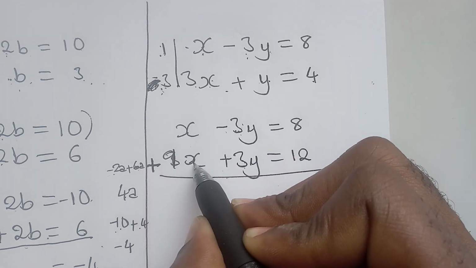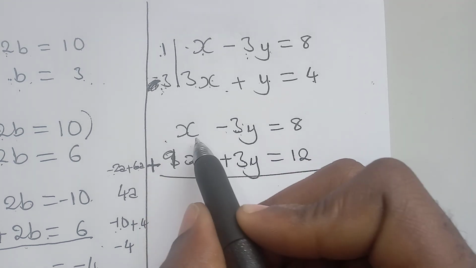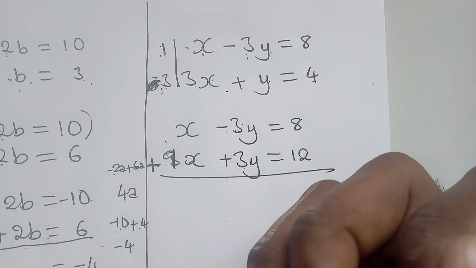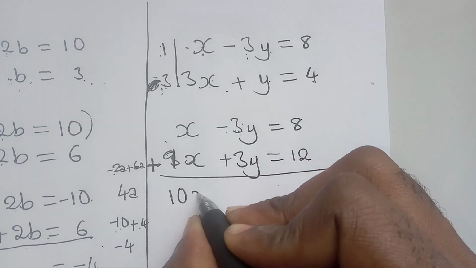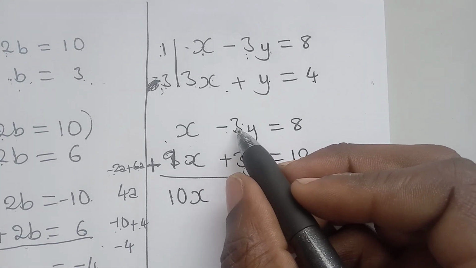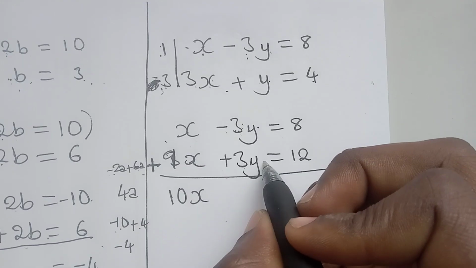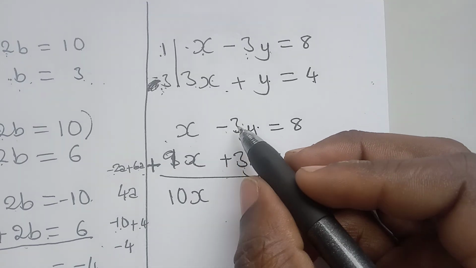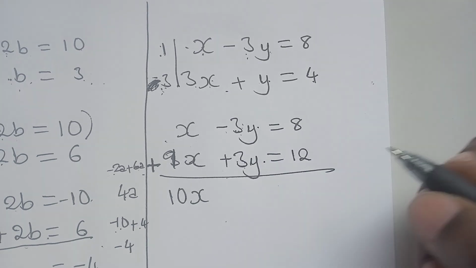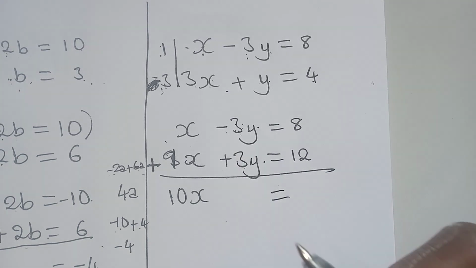X plus 9x, remember this is just like 1x plus 9x, so this is a 10 with an x, and then -3y plus 3y, because the signs are different and the coefficients are the same, this is just a 0, so that means the y has been eliminated.